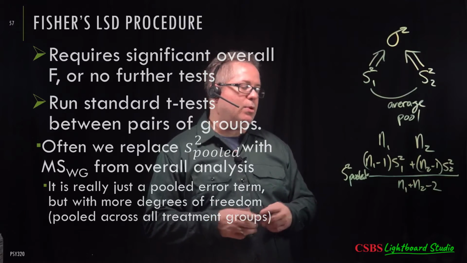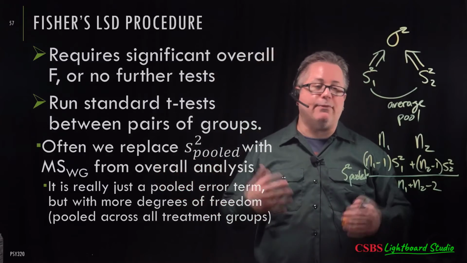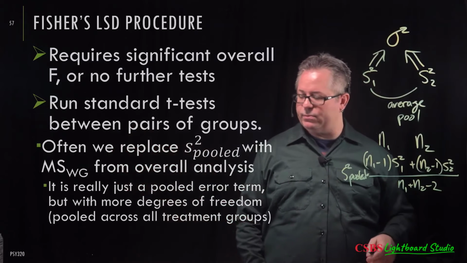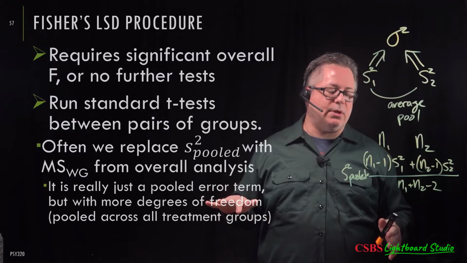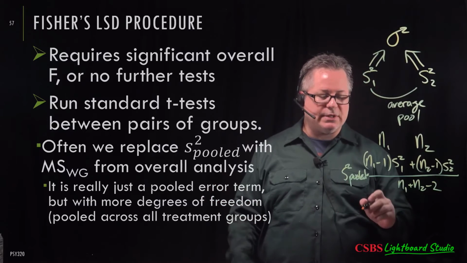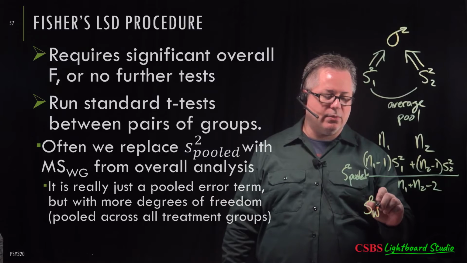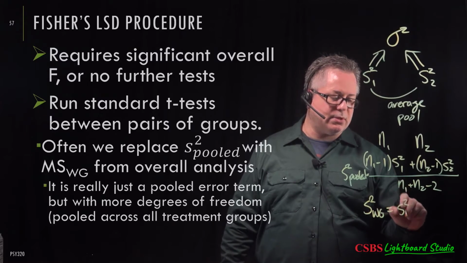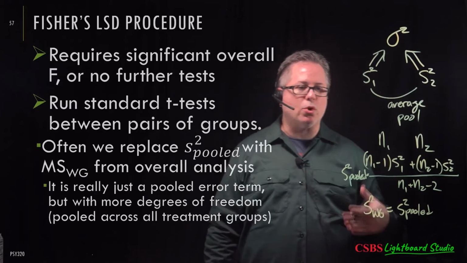Well, in our example we have three groups, and you may have 4 or 5 or 10 or 20 groups. I don't really recommend doing that many groups, but we're going to have more than 2, and we already said that our variance within groups is essentially a pooled variance. It's just a pooled variance with more groups.